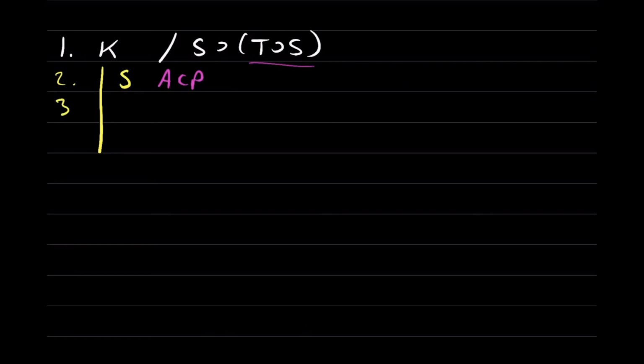So on line 3, I'm going to introduce yet another vertical line. I'm going to assume the antecedent of that conditional, just T. And I'm going to get that from ACP, assumption for conditional proof. And now I'm going to use a different color just to make it really clear. I'm looking for the consequent of that conditional, just S.